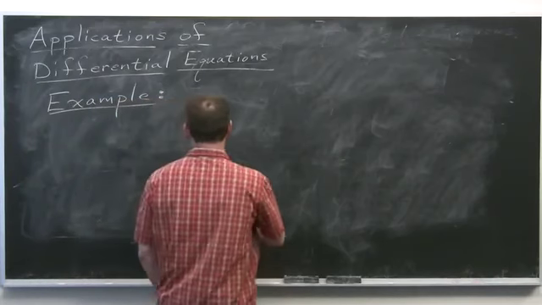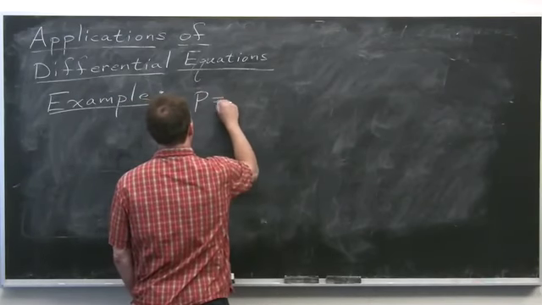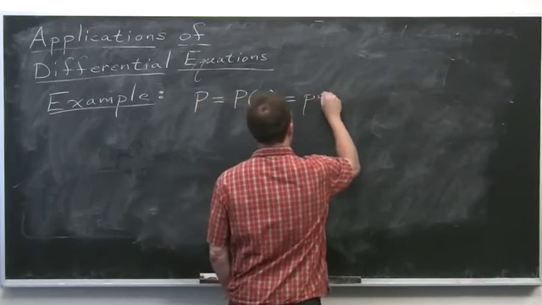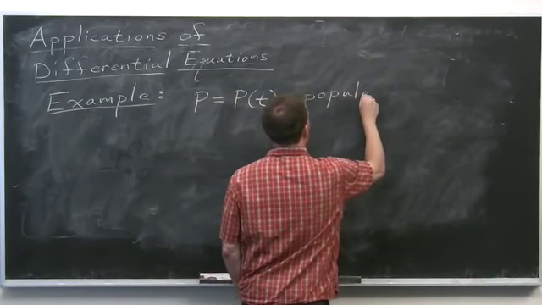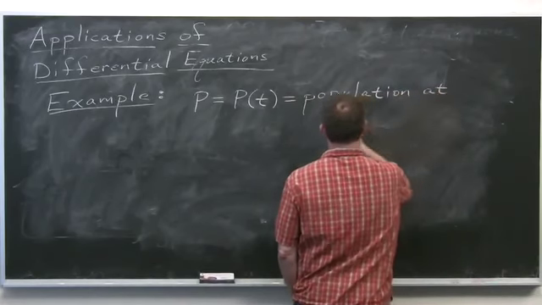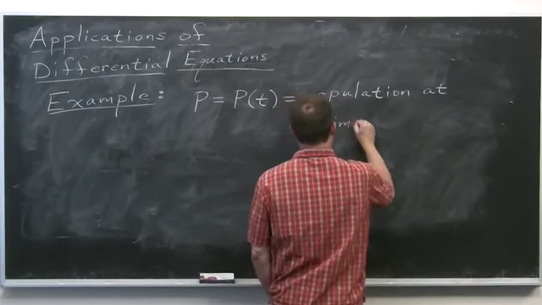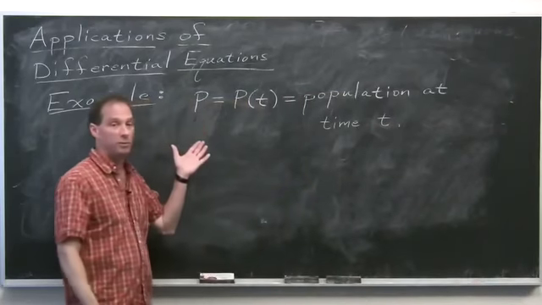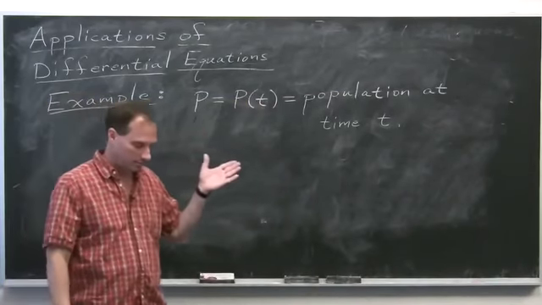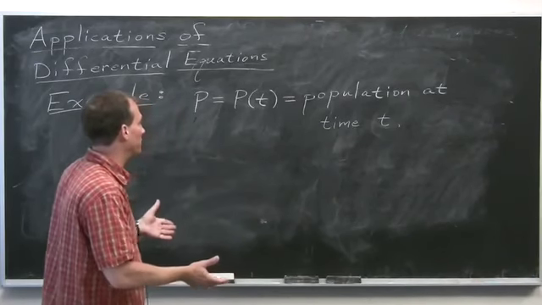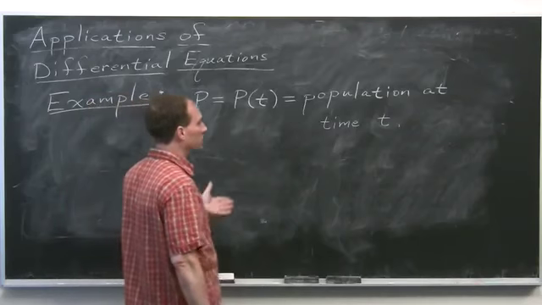Suppose you've got P equals P of T equals a population at time T. What do I mean? I mean that maybe we're looking at people, maybe we're looking at animals, maybe we're looking at bacteria, a population of something measured in some time units.